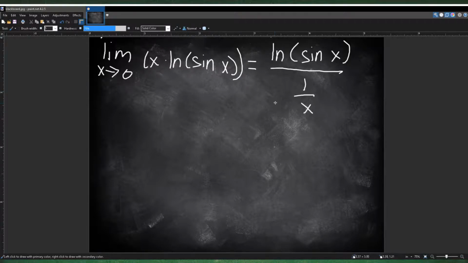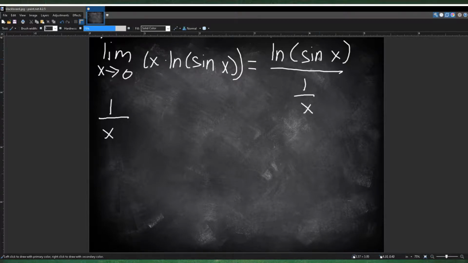So all we have to do is take the derivative of the top and the bottom, right? So the derivative of ln of sine of x is 1 all over sine of x. First, since it's ln and then sine of x inside, we have to use the chain rule. So the derivative of ln of x is basically 1 over x, but we have to keep what's inside still inside.